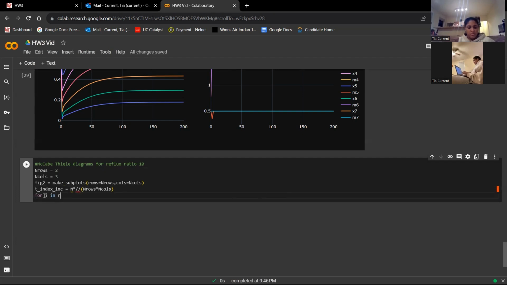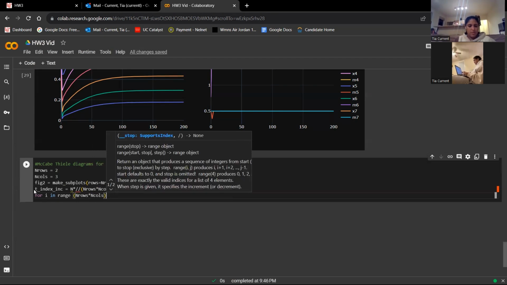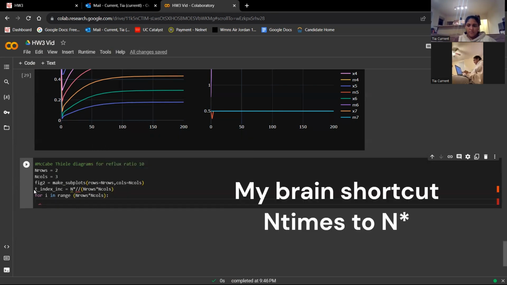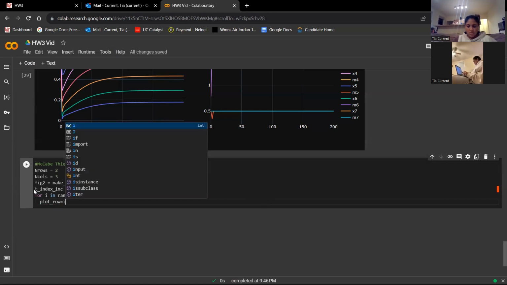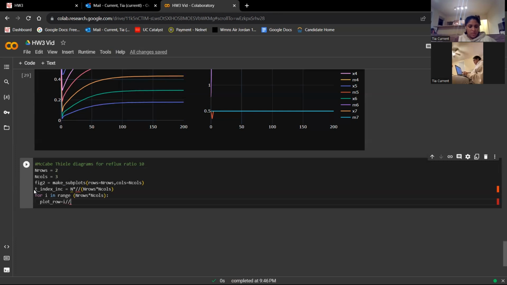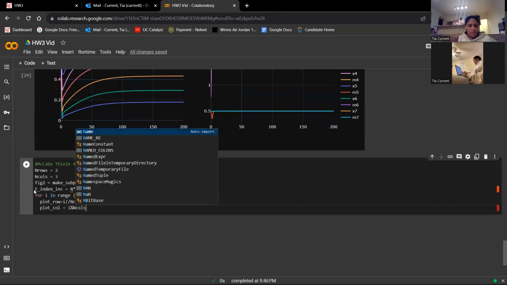For i in range n_rows times n_cols colon. i over n_cols plus 1. Enter. Plus 1.